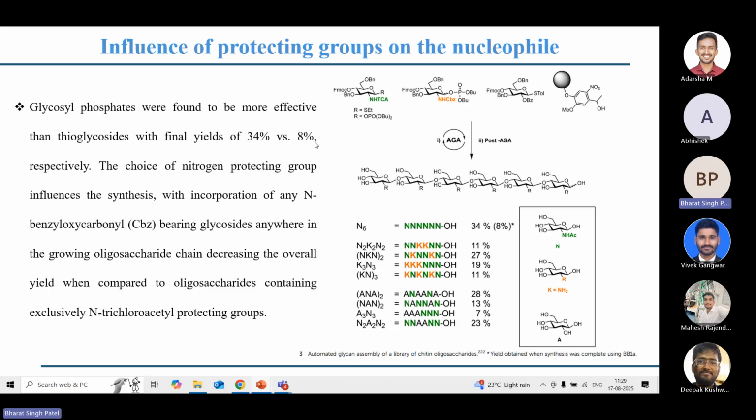Even compared to thioglycoside, where they were getting 8%, in case of phosphate donor they were able to achieve 34%. Where they have taken different sugars and different protecting groups with respect to modification, they got different percentages of yield with the phosphate donor.